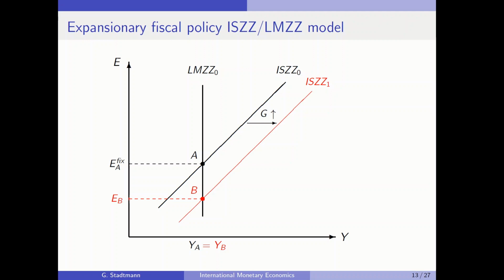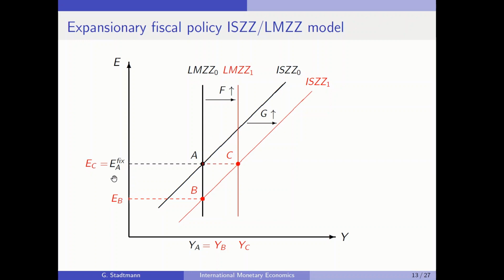Therefore, domestic currency in circulation increases and the reserve component of money supply increases. This leads to a shift of the LM curve to the right, and we have to shift the LM curve in a way that in the end the exchange rate is fixed on the level EA. So let's shift the LM curve to the right.